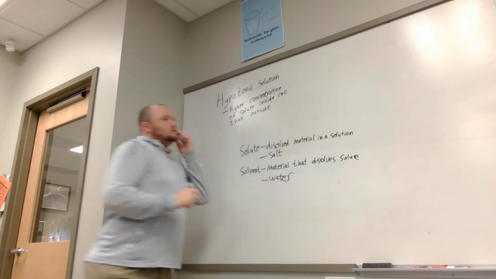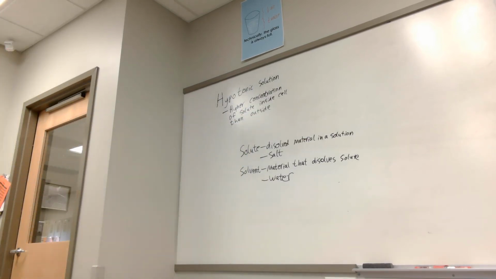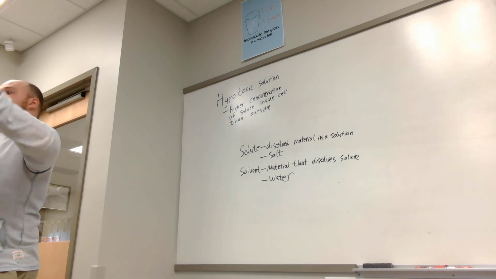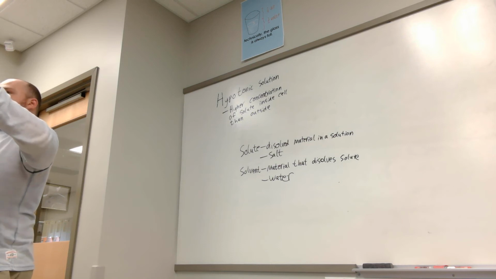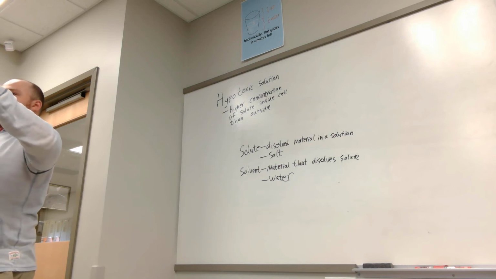Okay? So if there's a higher concentration inside than outside, what's going to happen to that cell if it wants to get equal? So there's more in here. But we can't pump out, let's just say salt. Okay? We can't pump the salt out of here to get it equal.